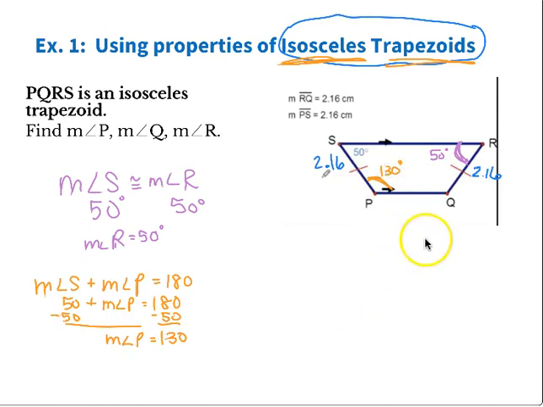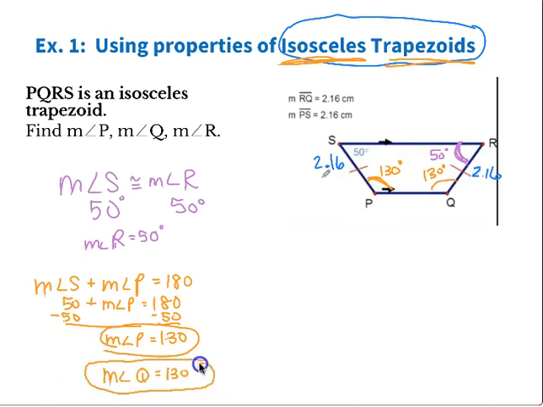So now, do you know what the measurement of angle Q is if we know the measurement of angle P? Sure we do. The measurement of angle Q also has to be 130 degrees. Our base angles are always going to be congruent, so that means that the measurement of angle Q also is going to be 130 degrees.